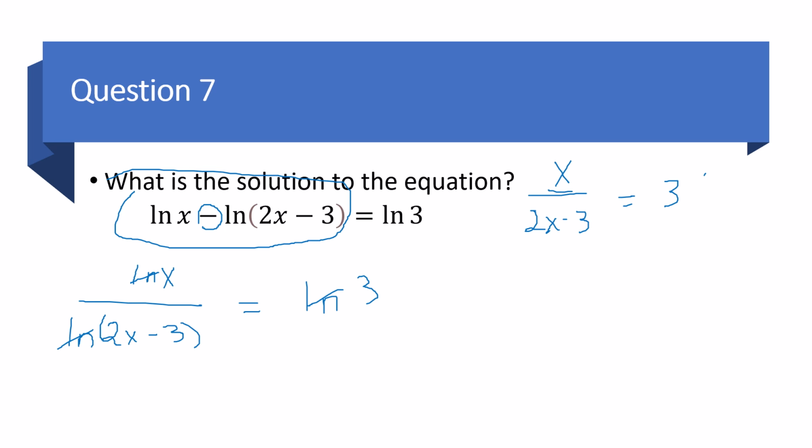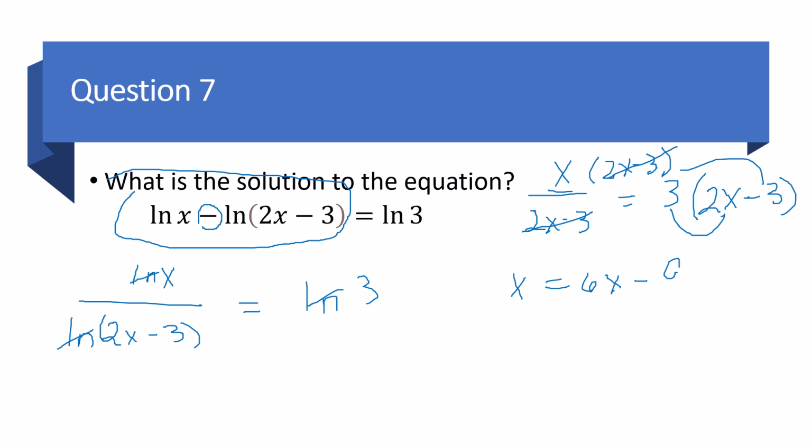So we're going to multiply everything through by 2x minus 3. When we multiply this side by 2x minus 3, it will cancel out that variable in the denominator, and we're just left with x equals. Go ahead and distribute the 3 times 2, 6x, and then the 3 times negative 3 is negative 9.